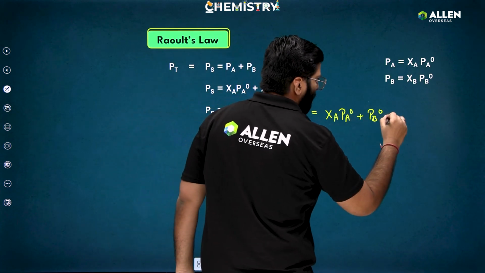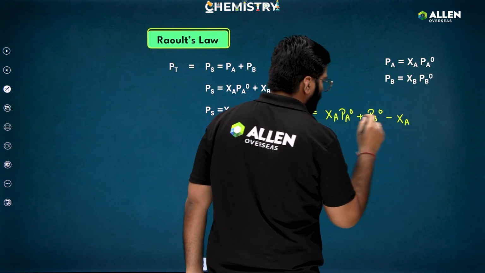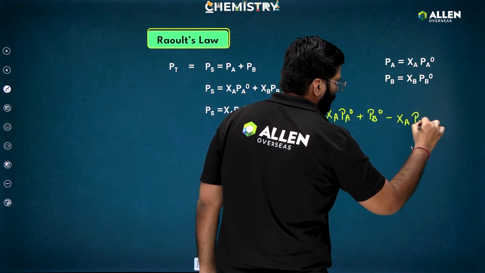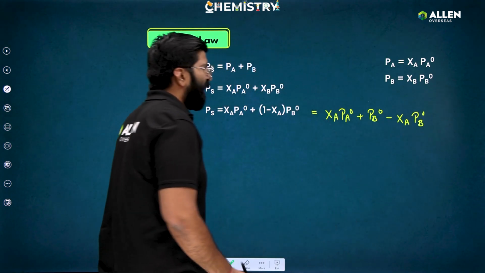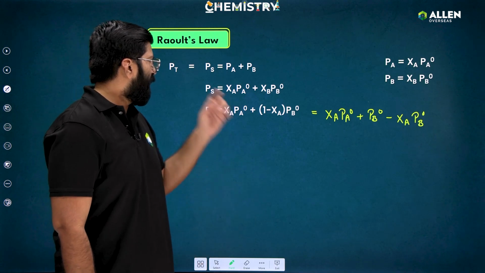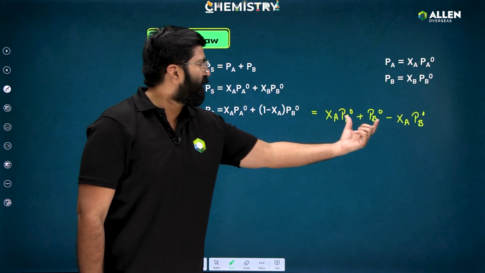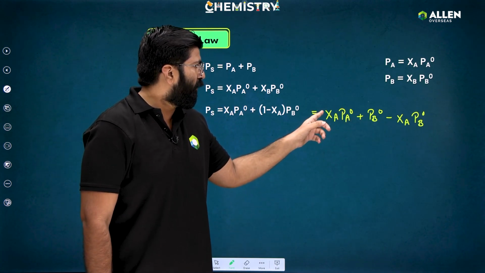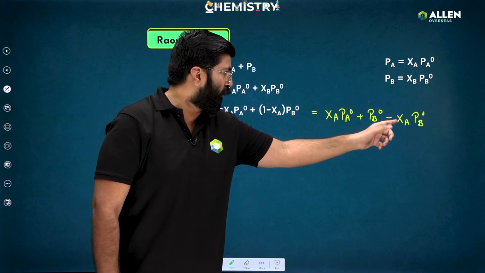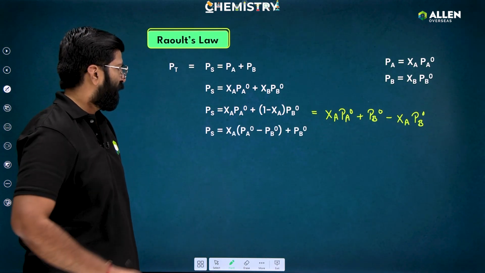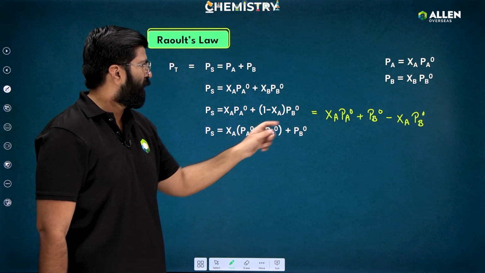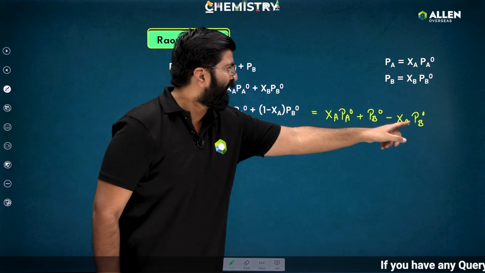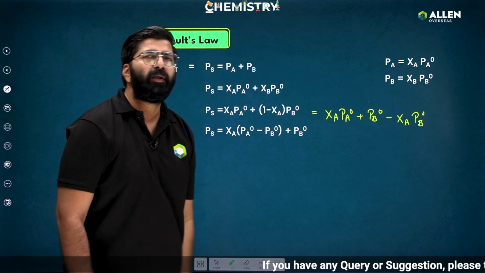So I will write minus XA PB naught. Why am I saying this? Because now I got PA naught and this part, and there is XA over here also, XA over here also. Can I take this as common? Yes. If I take XA as common, there will be PA naught minus PB naught, and this part will be left with me.